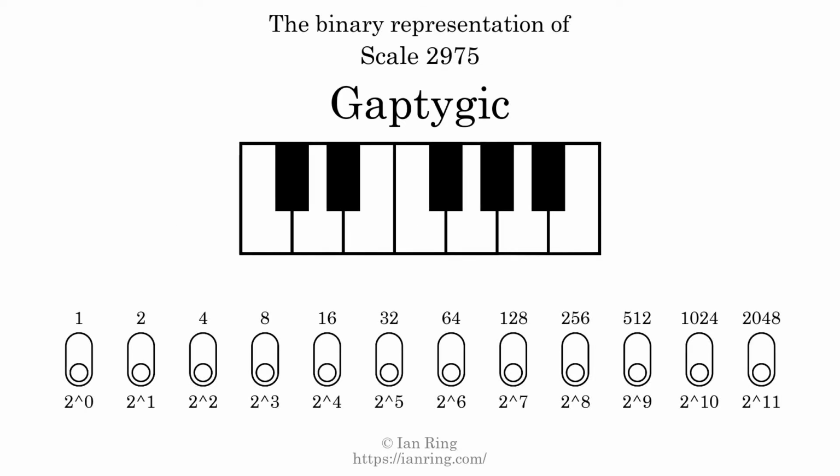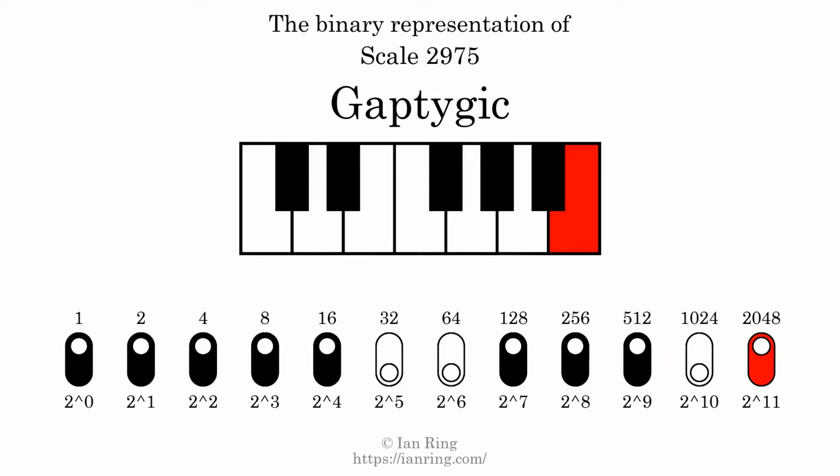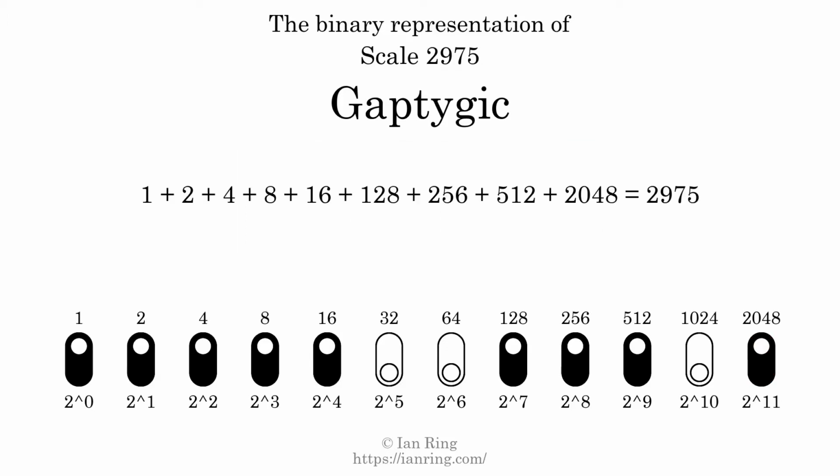The binary representation of this scale is determined by mapping tones of the scale to binary digits. Each binary digit represents a power of 2. To get the scale number, we add the powers of 2 together. The powers of 2 that are present in the scale, all added together, equals 2975.